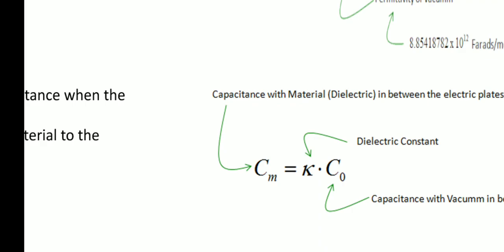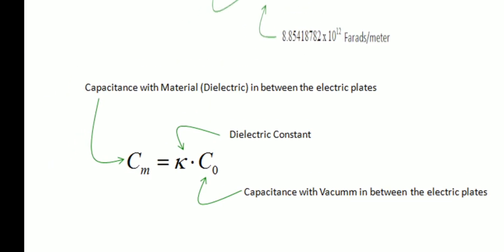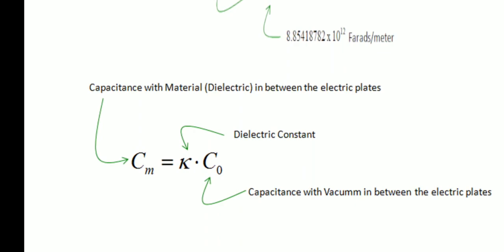Here K is the dielectric constant, C naught indicates capacitance with vacuum between the electric plates, and Cm indicates capacitance with material between the electric plates. So the dielectric constant is the ratio of capacitance with material between the plates to the capacitance with vacuum or free space between the plates.